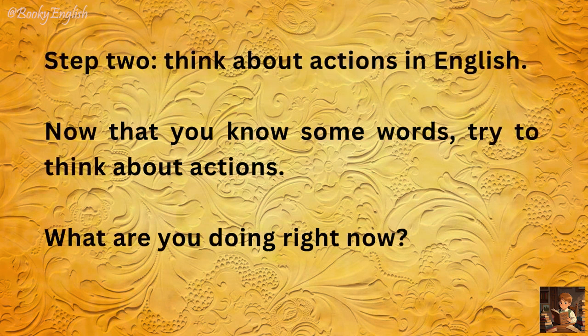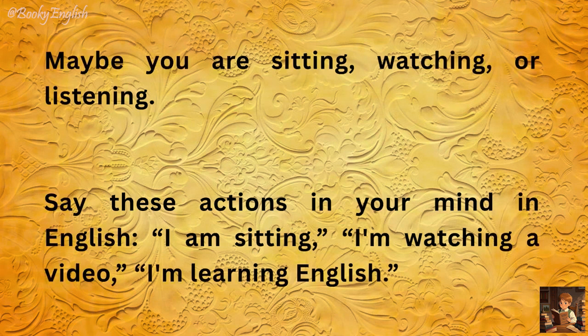Step 2. Think about actions in English. Now that you know some words, try to think about actions. What are you doing right now? Maybe you are sitting, watching, or listening. Say these actions in your mind in English.